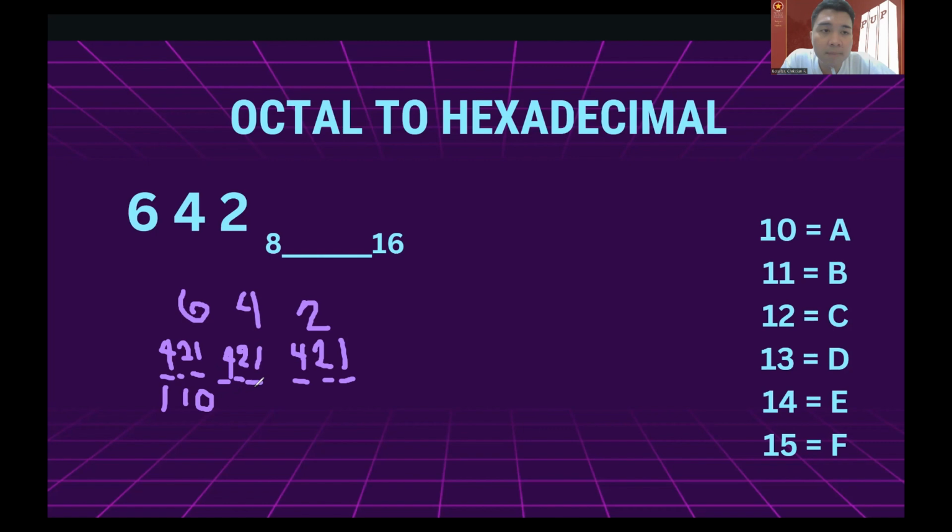Again, sa pangalawa, 4, so lalagyan natin siya ng binary 1, 0, 0. 4 lang kasi di na natin nilagay yung dalawa kasi mag-exceed na siya. So here, last is 2. So 0, 1, 0.